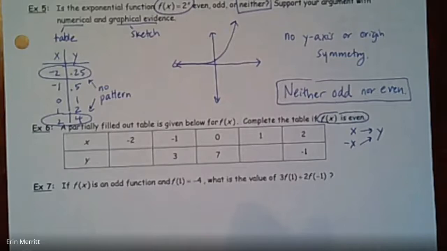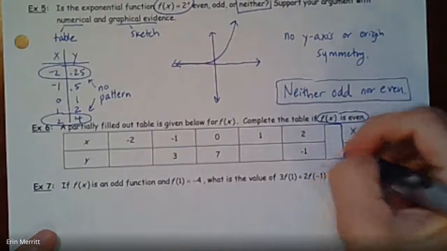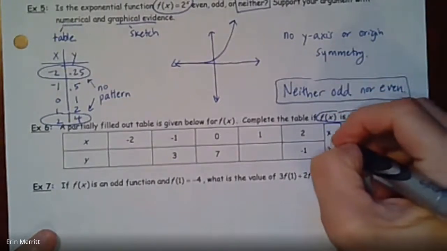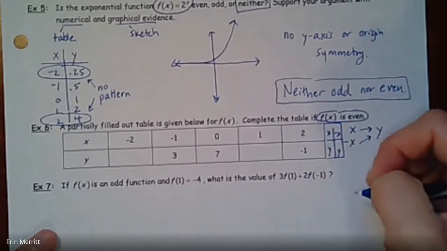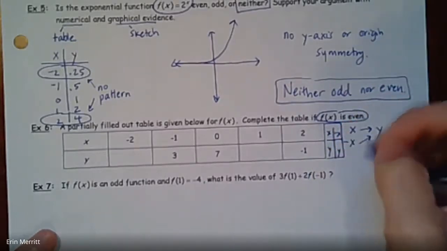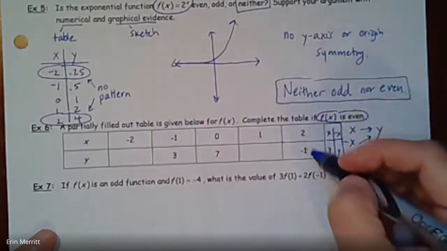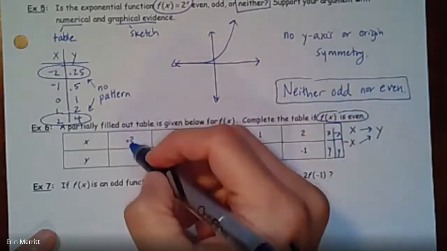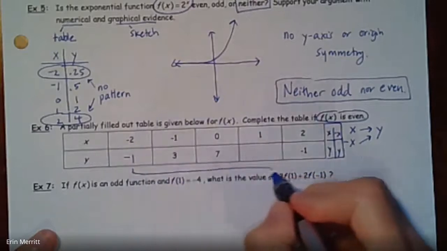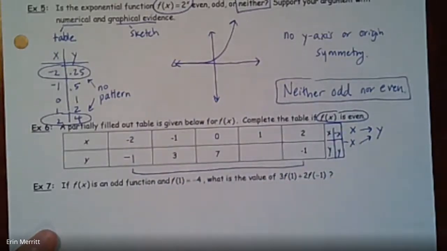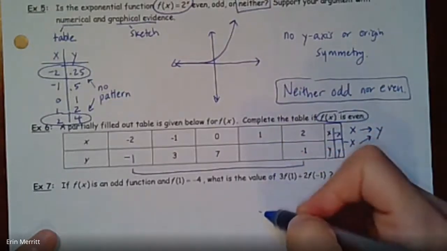So if you want to think about it in terms of the chart, I could probably squeeze that in here, that x has to go to y, and then negative x would also go to the same y, all right? So you have to look at what you're being given. So to figure out what negative 2 is, I need to focus on what positive 2 is. So if positive 2 goes to negative 1, then negative 2 should also go to negative 1. So these should match. So with that being said, you should easily be able to fill in this last little piece right here.